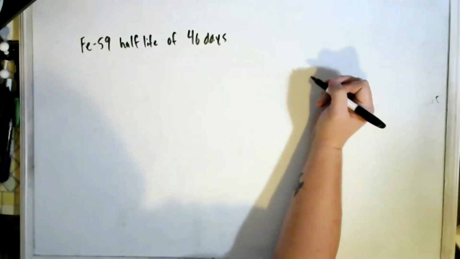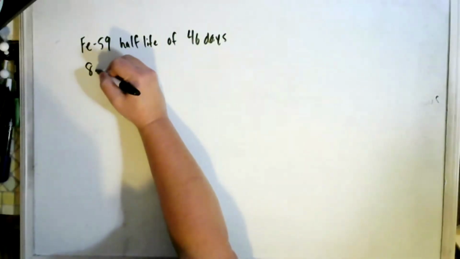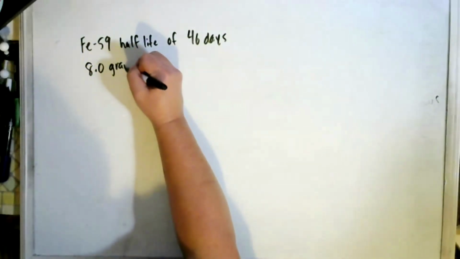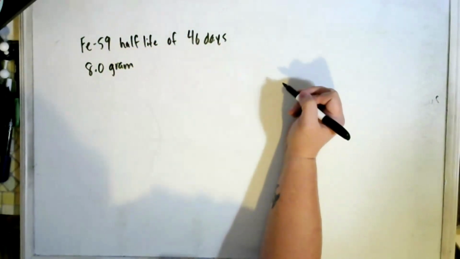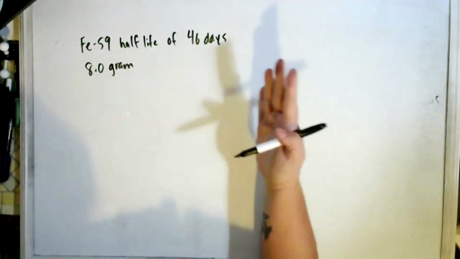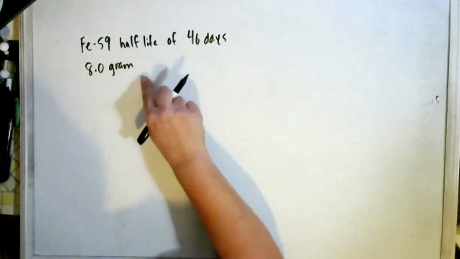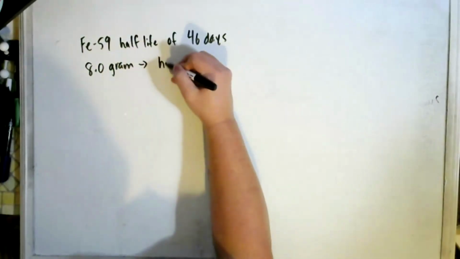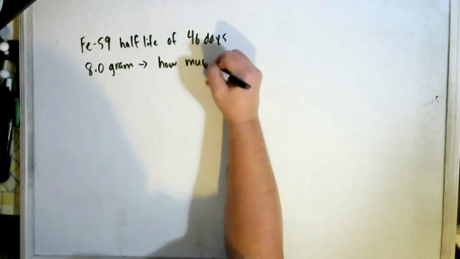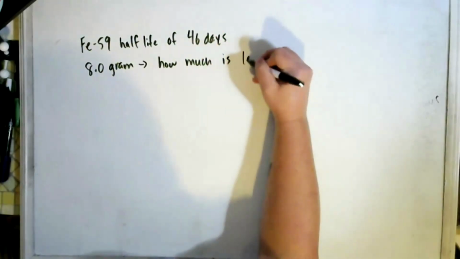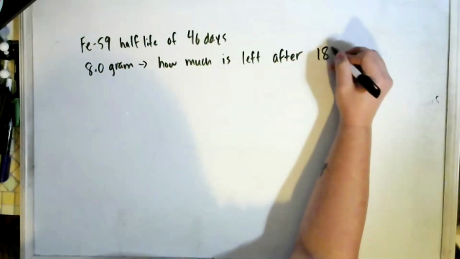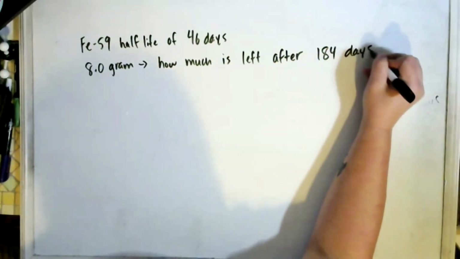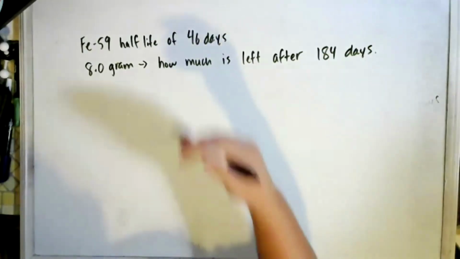If the laboratory received an 8-gram sample of iron 59, the number of grams that are still active after 184 days is blank. So we want to know how much is left after 184 days.